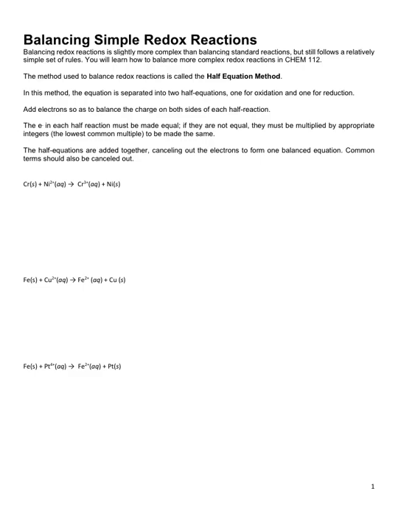When we balance those half reactions, the sum of the charges on the reactant side has to equal the sum of the charges on the product side. And the only way we can balance those charges is by adding electrons. After we have both half reactions balanced, we're going to add them together.